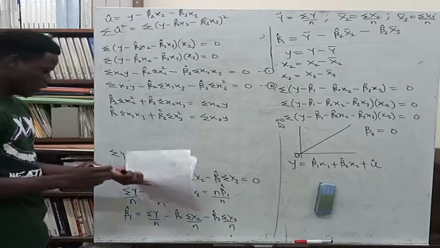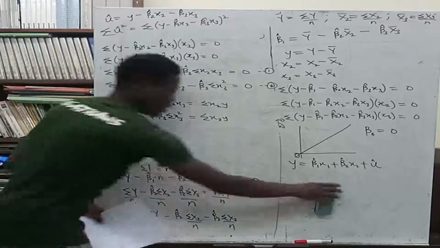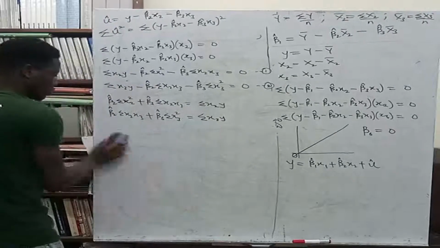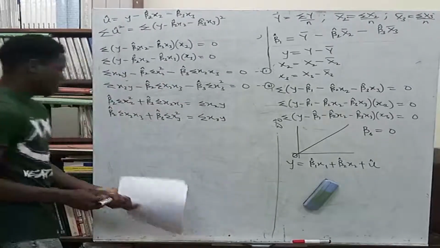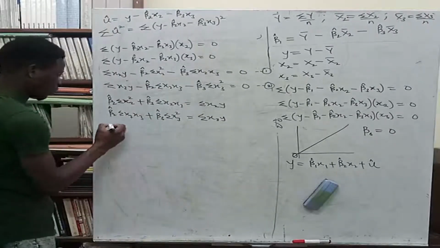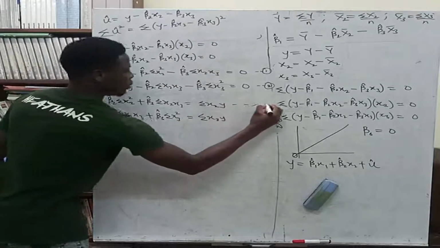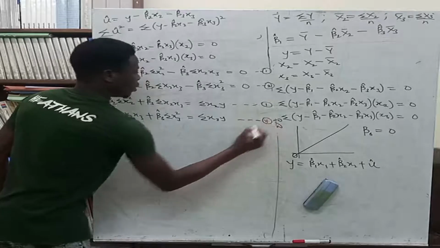So the next thing is to represent this in matrix form. So we're going to be using matrix to sort this out. So we represent this in matrix form, the coefficient of beta 2 and beta 3 in equation 1 and equation 2.